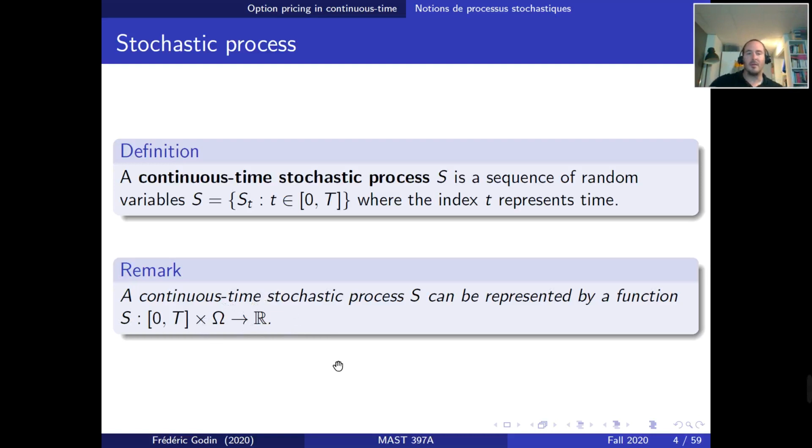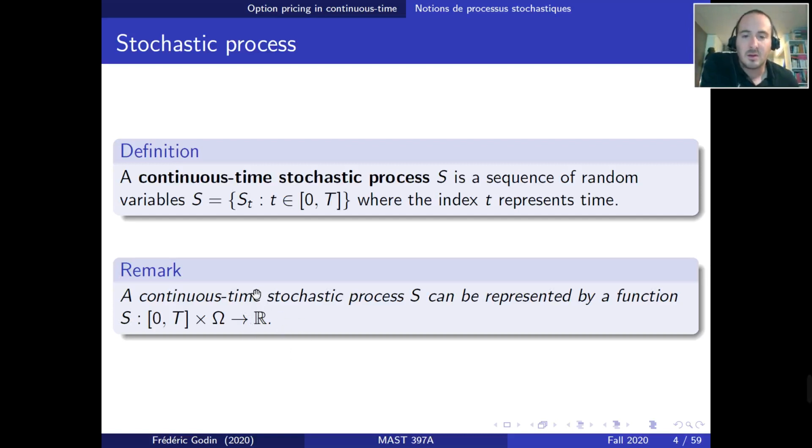So for example, if we go back to what we were saying, the stochastic process would be the set of all prices throughout the week of some given stock, let's say the Microsoft stock. Once we fix t, so let's say t is Tuesday 10 a.m., and if we fix a random outcome, we can say that the stock price has gone up by 10% or something like that.